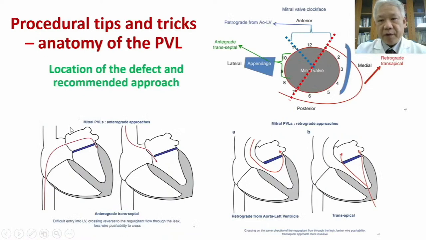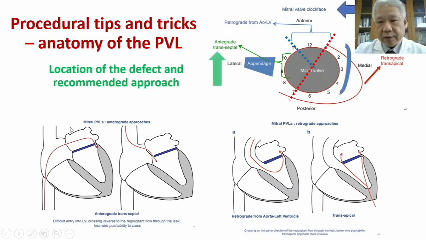For mitral PVLs, there is a rule of thumb. Usually, we divide the location into 3 areas. If the defect is anteriorly located, between 11 and 1 o'clock direction, transfemoral retrograde approach may be better.